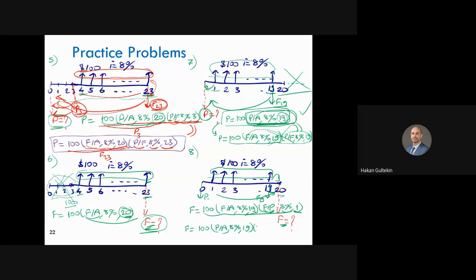So I will use F given P, 8% and 20. And look, both of them are the same. And in both of them, I'm using 2 factors. So one is not preferred to the other one, exactly the same length in terms of calculation. So both will provide you exactly the same result.